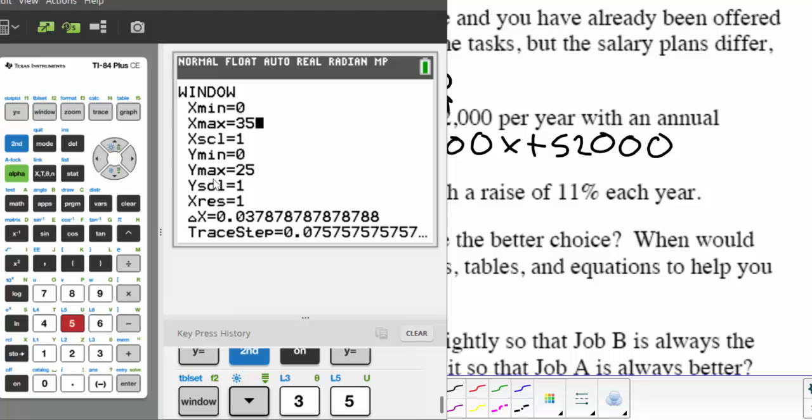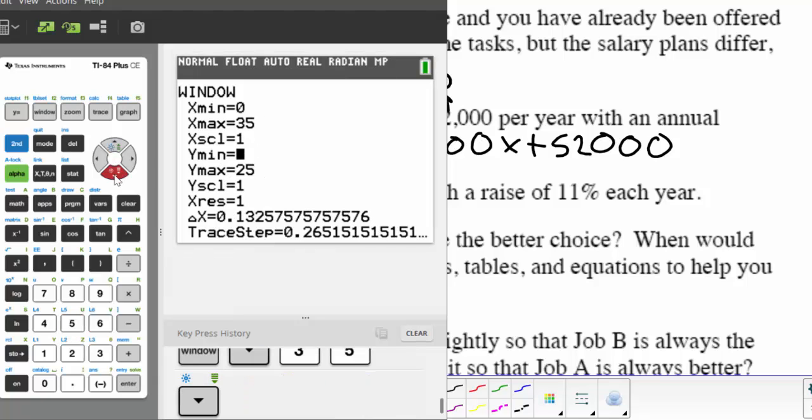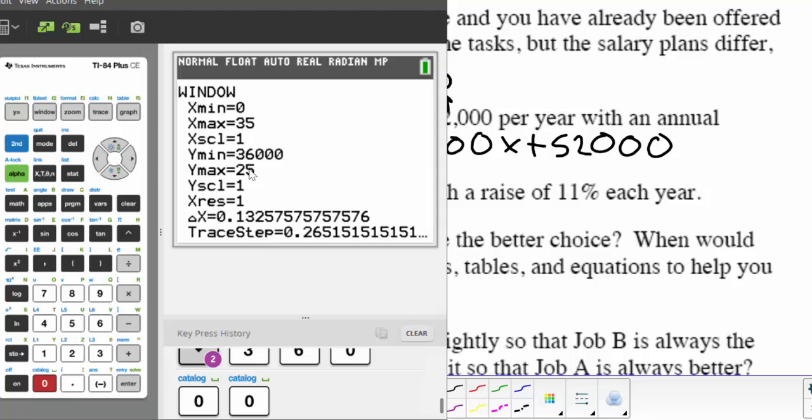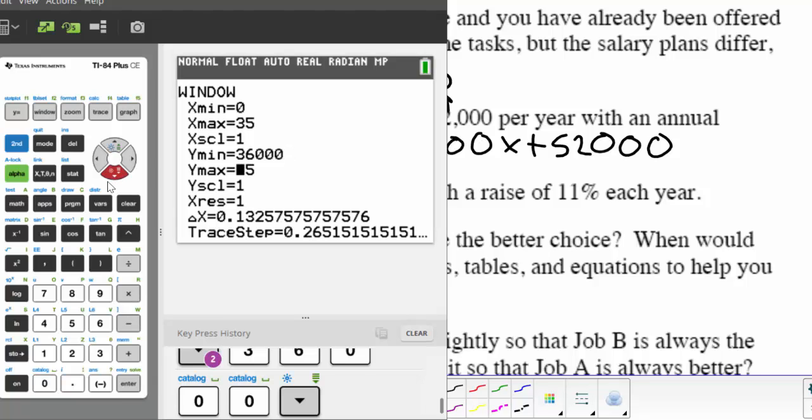Now, our y min and y max, we need to adjust those as well. So maybe we could start that at about 36,000, right? Because that's how much you make in the first year of job B. And our y max, we really don't have a good idea because we haven't plugged in anything. So we could just take a guess. Let's say 500,000. See if either one of these jobs will make 500,000 after 35 years.